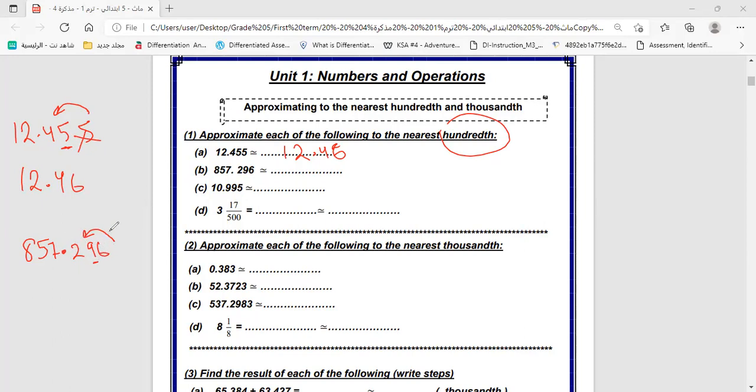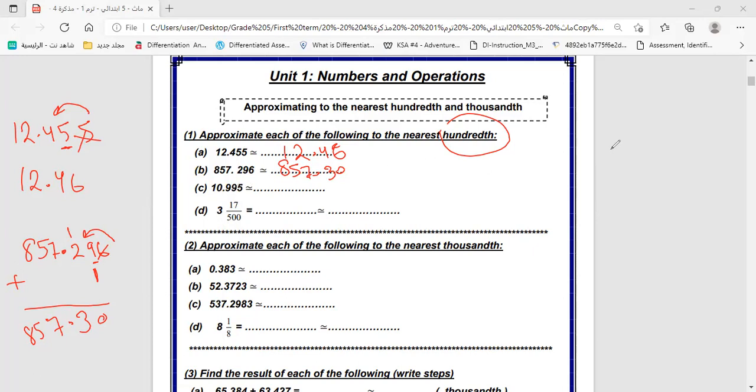So my advice to you is to do it in a draft. Add 1 to the 9 and cross the 6. 9 plus 1 is 10, 0 and carry up 1. 1 plus 2 is 3. Point as it is, and the other numbers, write them here. So it will be 857.30.